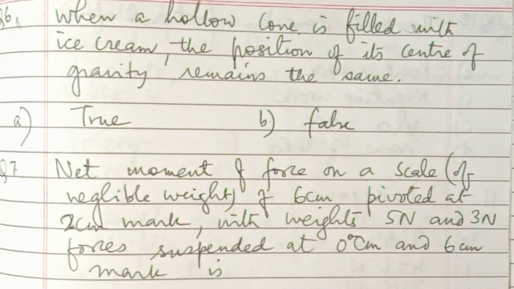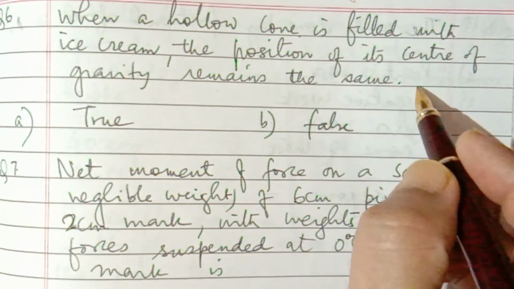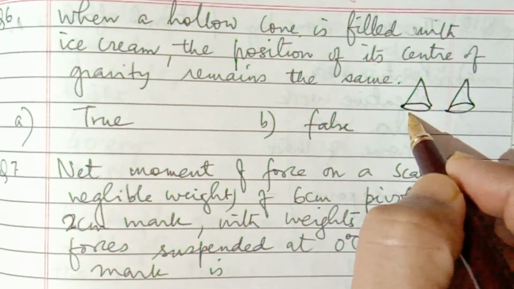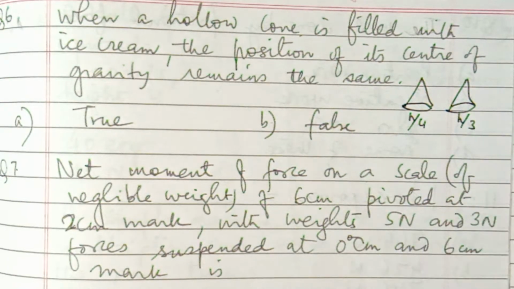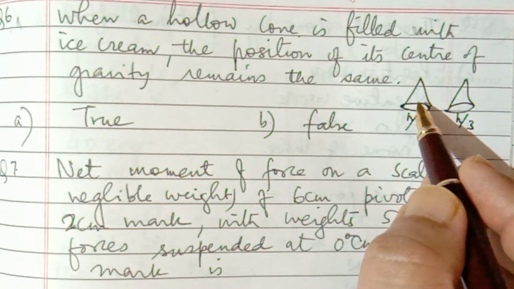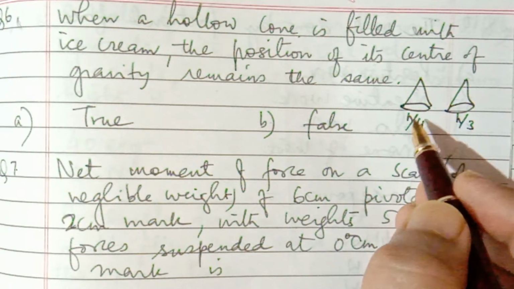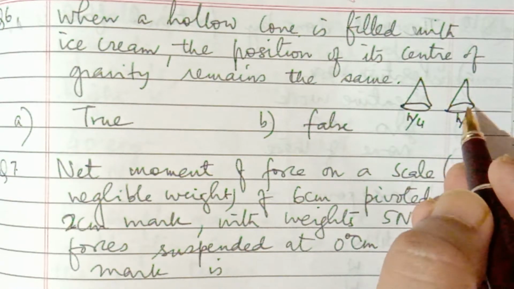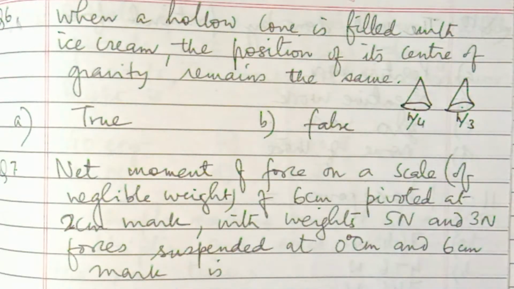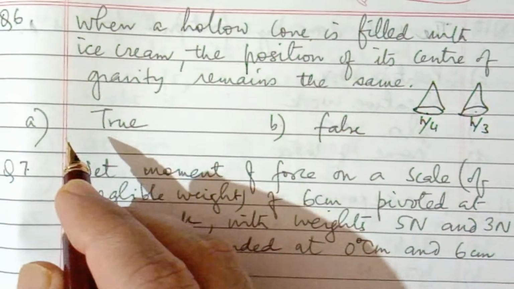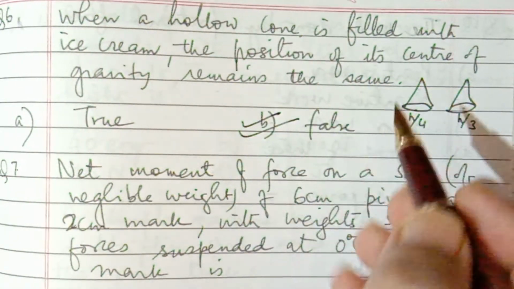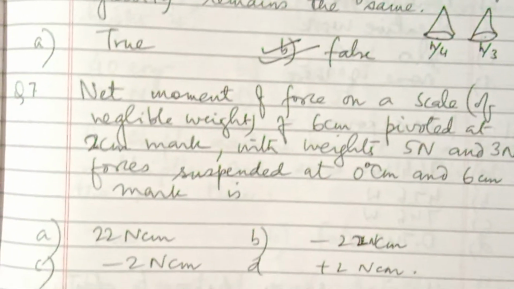As you know, for the solid cone and hollow cone, here it is h by 4 and here it is h by 3, right? Position of center of gravity for solid cone is h by 4 and hollow cone is h by 3. We are converting a hollow cone to a solid cone, so obviously the position of center of gravity will change. Here it is given remains the same, so the answer is false.